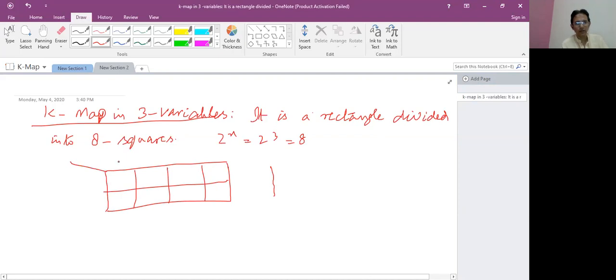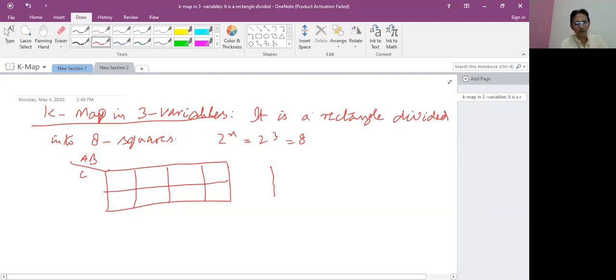So here we consider three variables. If you consider A, B, C, or if you write X, Y, Z, both are according to the given variables.